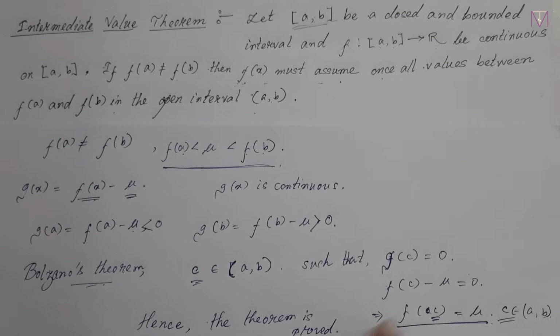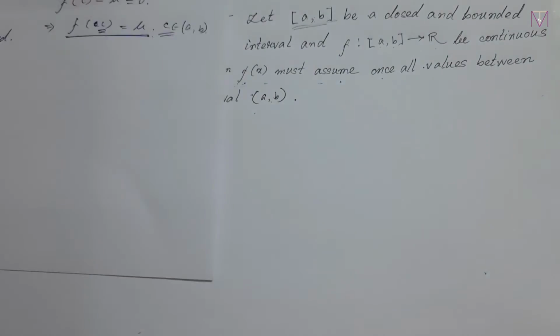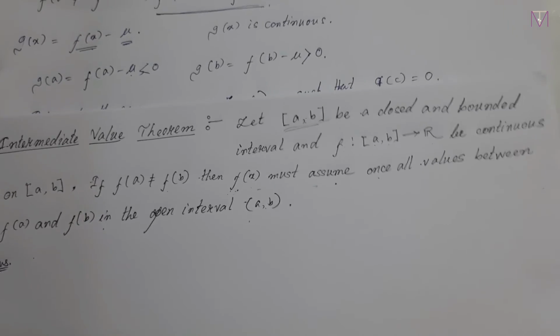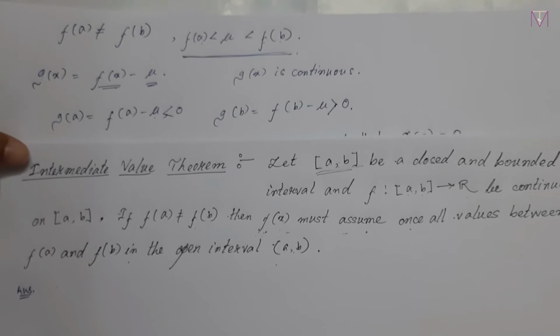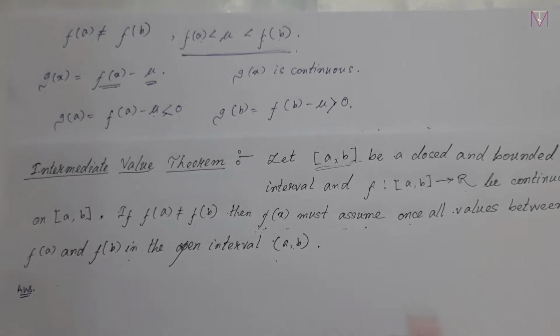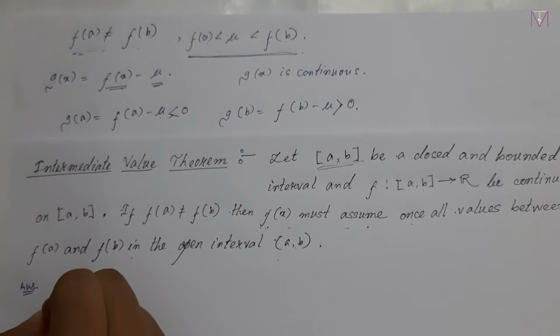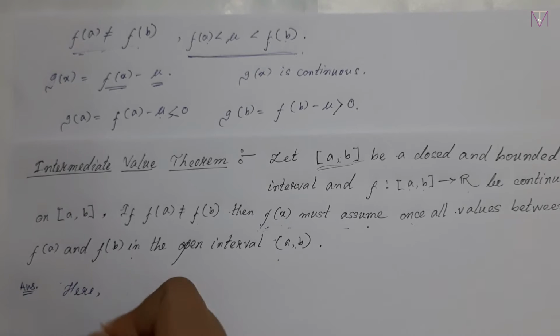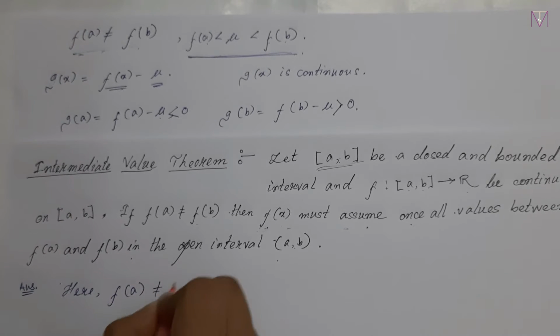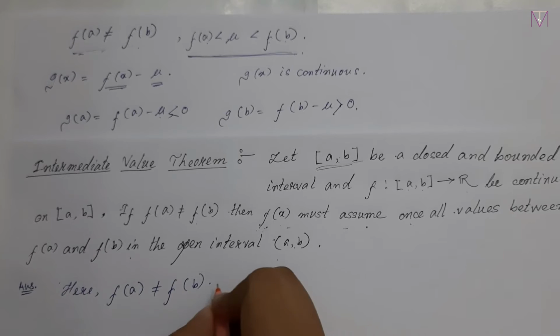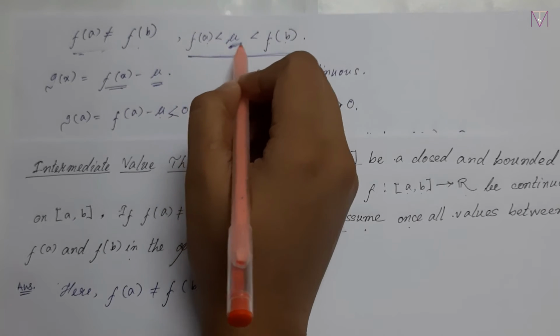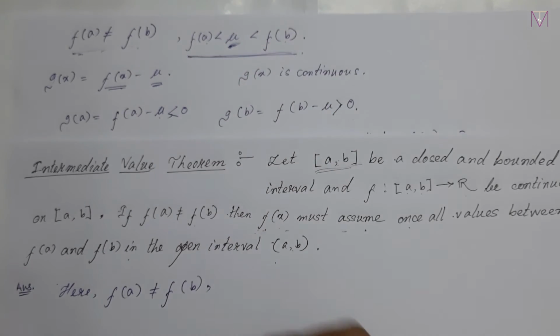Now we have to write this theorem. So let's start. Here first f(a) is not equal to f(b), so we write f(a) not equal to f(b), and we assume a number mu between f(a) and f(b).